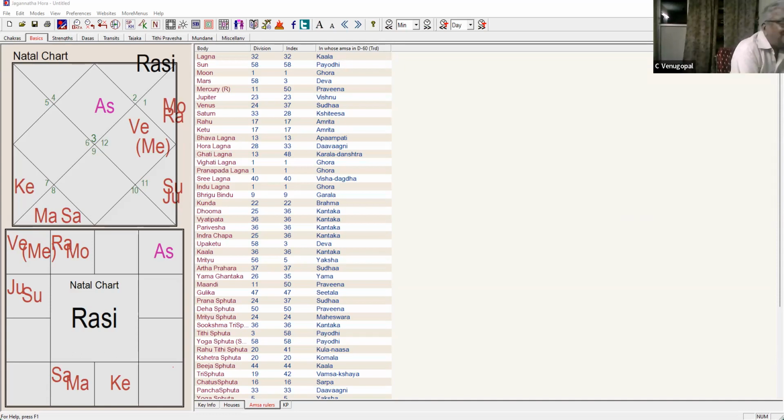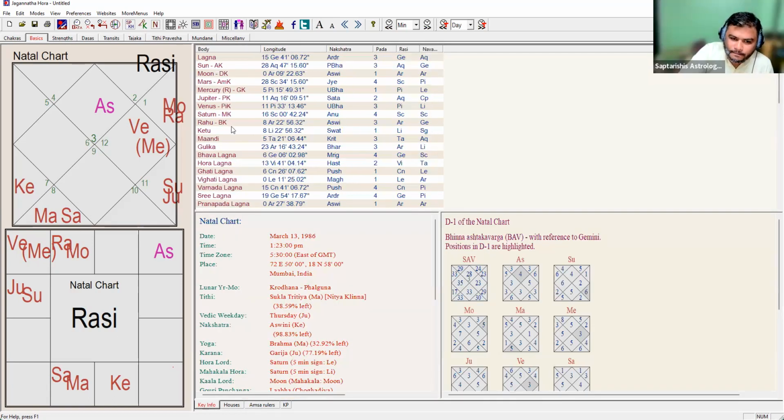And here, both planets are in Purva Bhadrapada Nakshatra, Pada 1 and Pada 3, and the most affected is retrograde Mercury, which is in Pada 1.